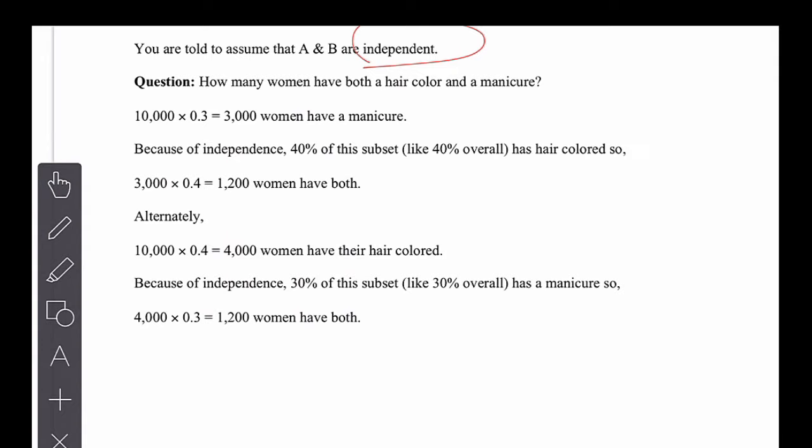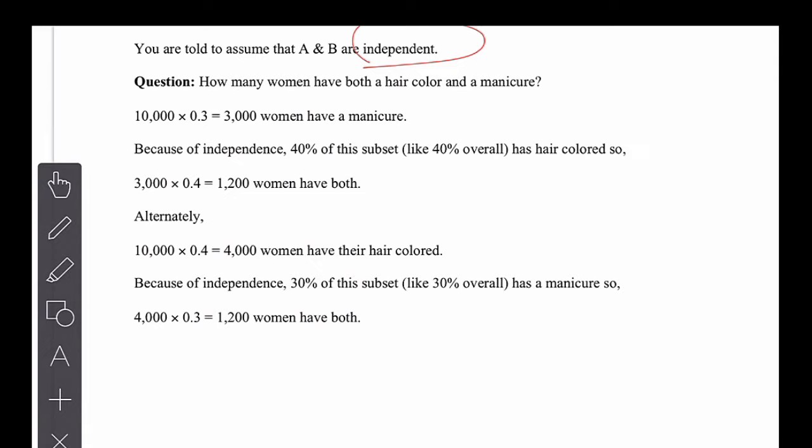In general, why would it be that a woman who had a manicure would be different than the others who had a hair color? Like, at any given time, the chance of having your hair colored is 40%. But should it change if you already had a manicure?